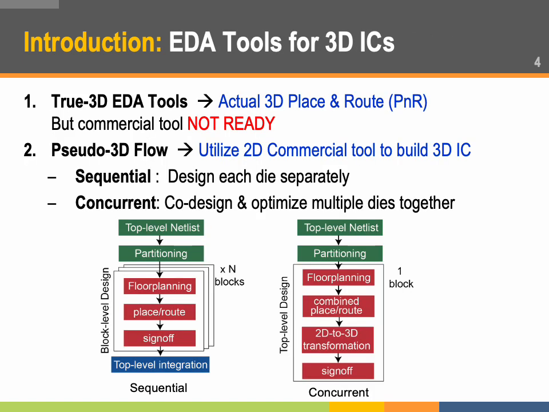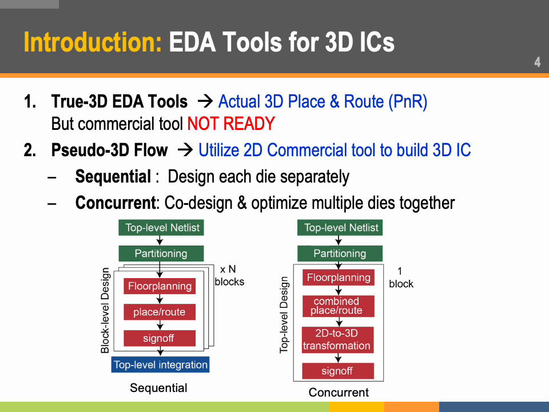To implement 3D ICs, there are two main approaches. First, the true 3D EDA tools. These commercial tools offer 3D placement and routing capabilities. And second, the pseudo 3D flow. This approach leverages commercial 2D EDA tools to build 3D ICs.